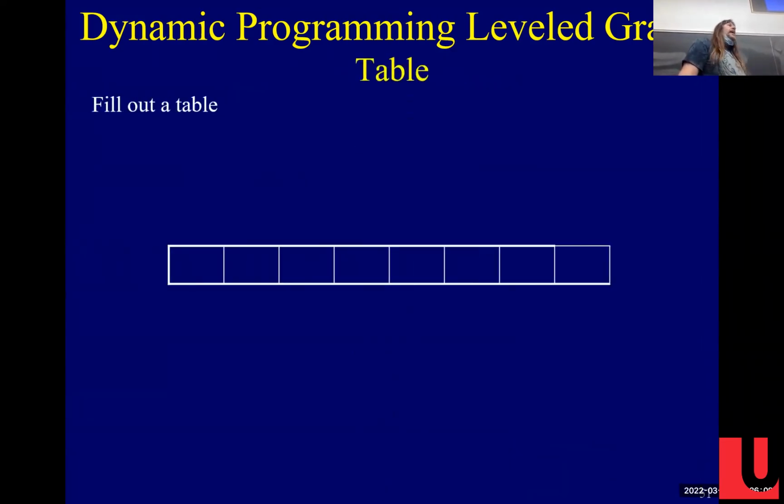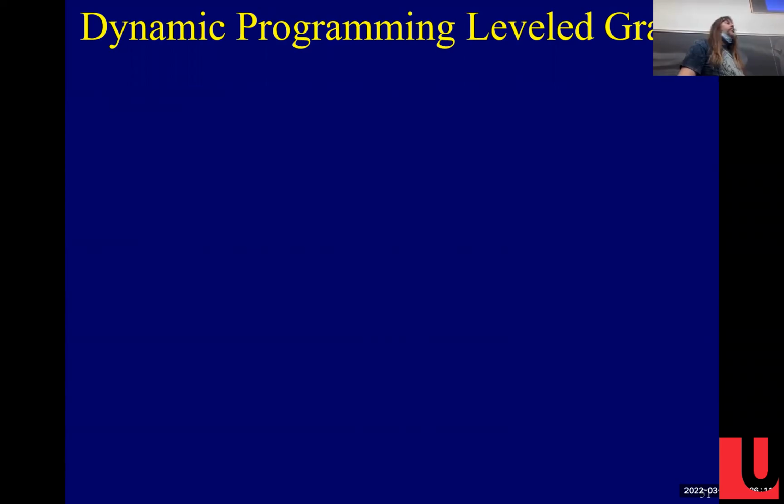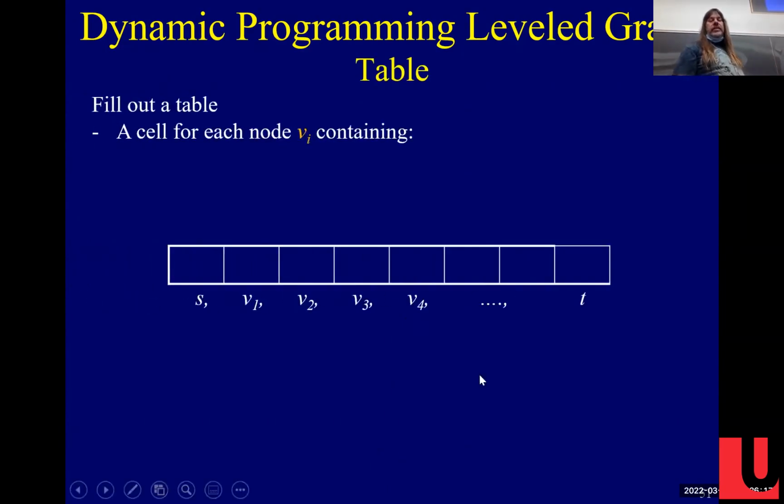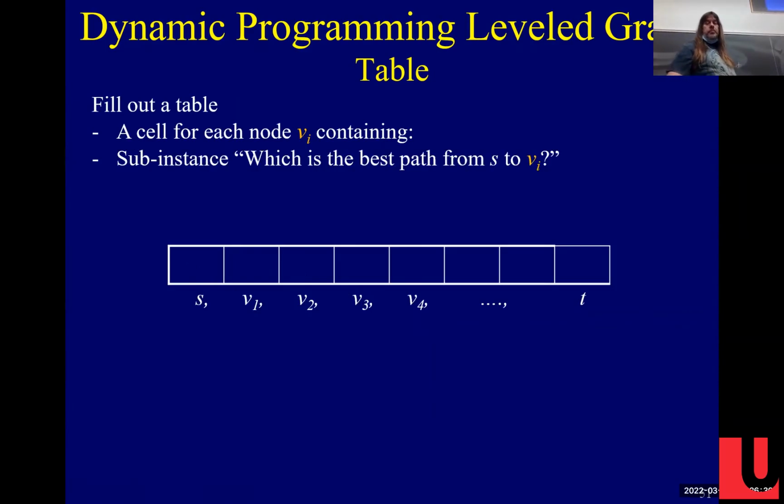All right, so then you need some sort of data structure. I was storing them in the nodes, but usually we put them in a table. So for each sub-instance that we have to solve, we have an entry in the table. In this one, I've labeled V3 because it's trying to find the shortest path from S to V3, right?